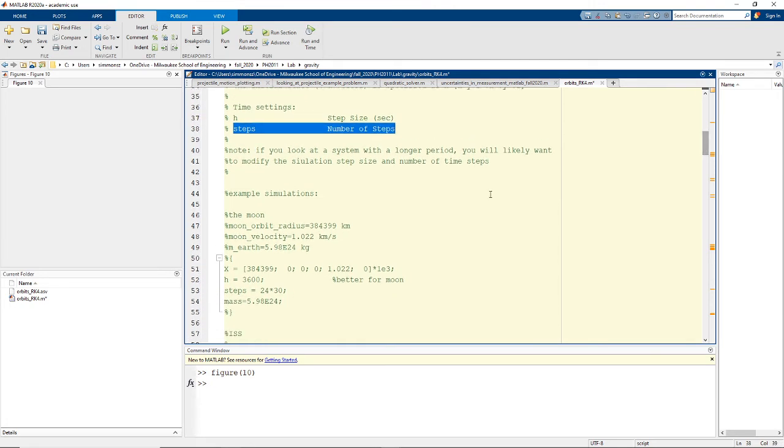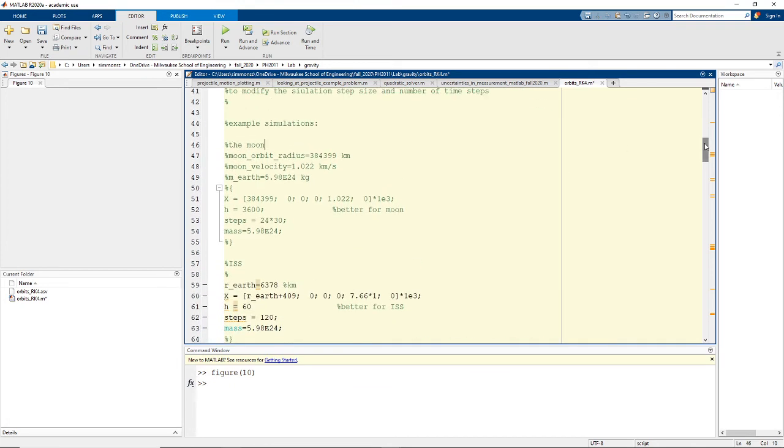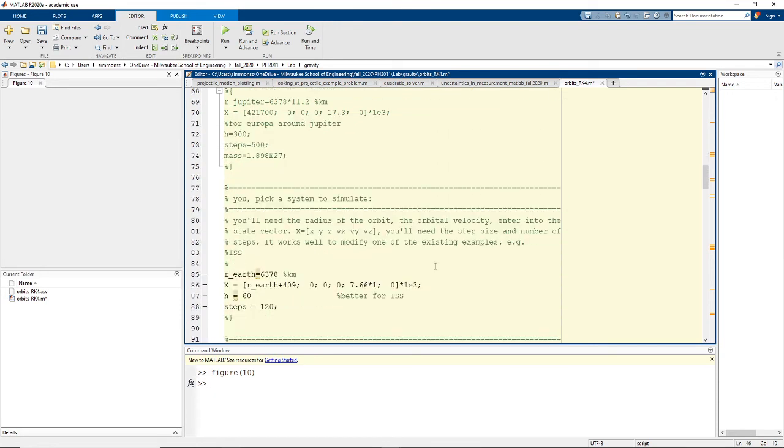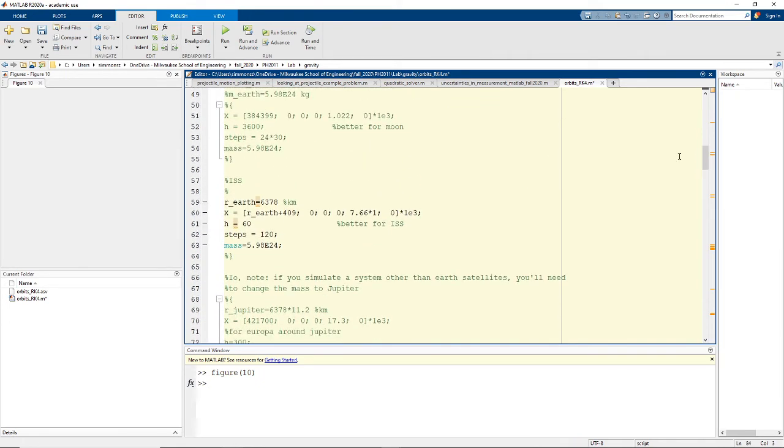You'll notice there are some example situations that are already coded in here. The way that you run these is you just uncomment them. So if, for example, I go like this, it comments this, and this won't execute. If I want to run this example for the International Space Station, you would uncomment it, and then it will run.